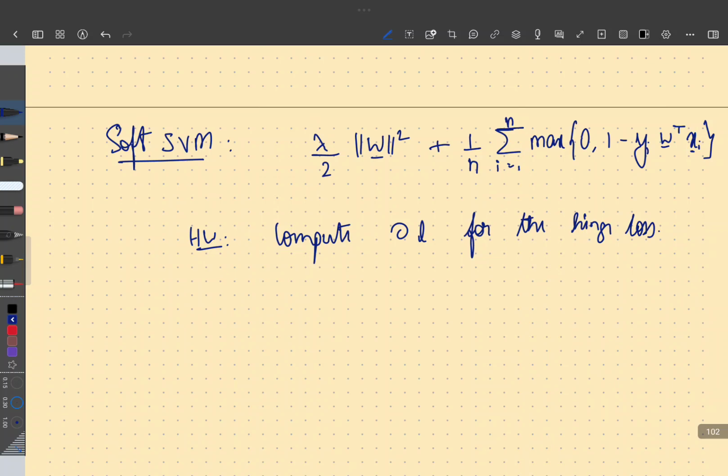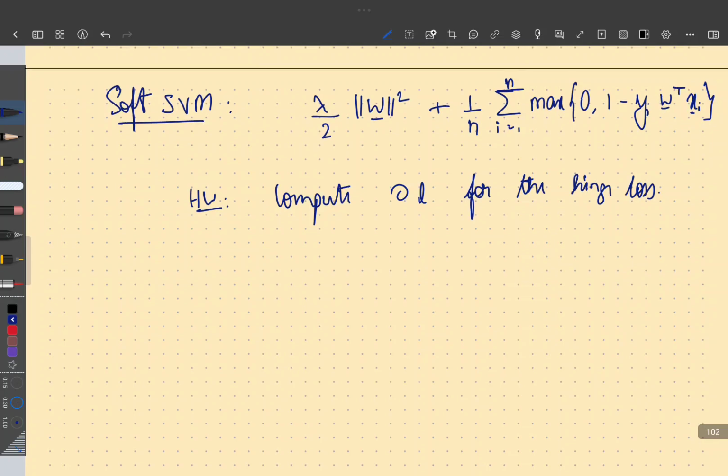So almost everywhere, it's easy to compute the gradient because it's differentiable everywhere except at 1. The question is, when the argument is equal to 1, it's not differentiable, and therefore the subdifferential set doesn't contain just one point, but it contains infinitely many points. That's what I wanted to compute.